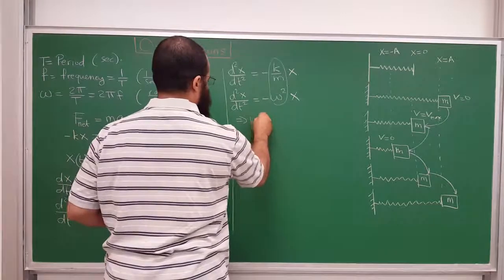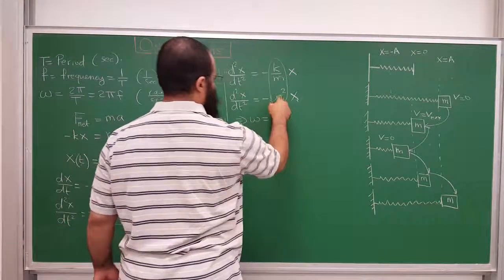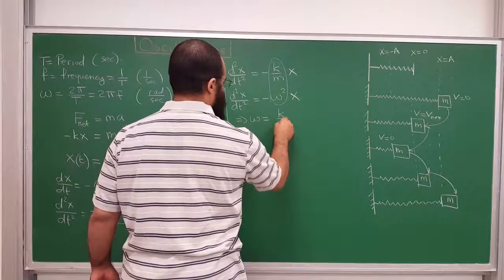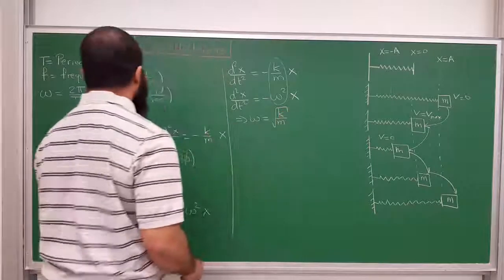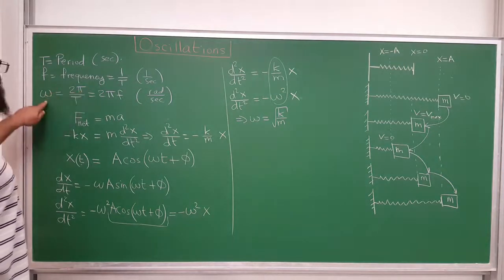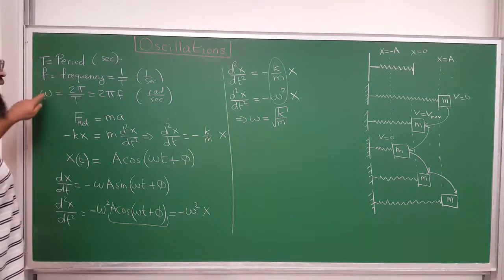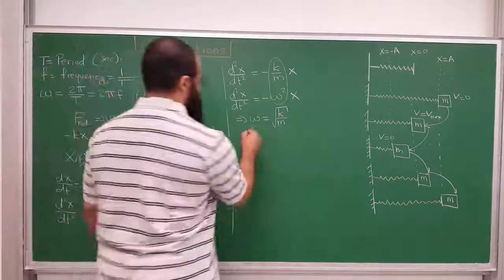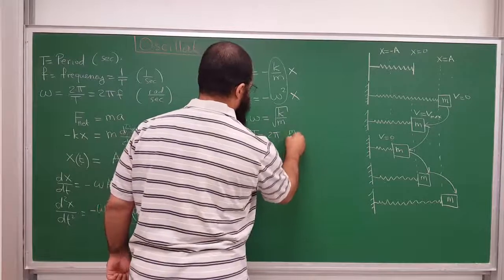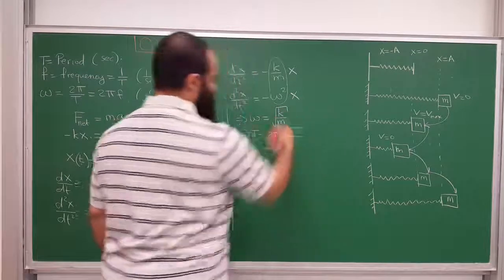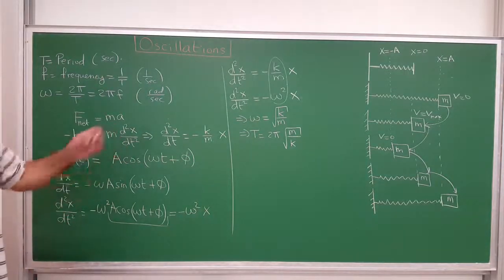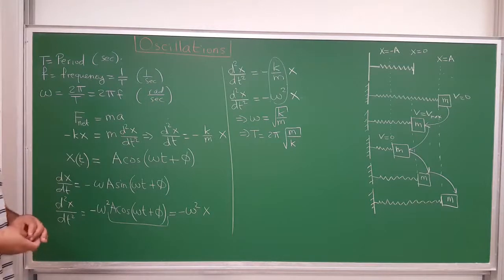Omega squared is k over m, so omega will be the square root of k over m. Omega is 2 pi over the period, so the period is 2 pi over omega. It means the period is 2 pi over the square root of k over m, and so the period is 2 pi times the square root of m over k. When you derive that, it reciprocates. So that's the solution to the mass on a spring problem.